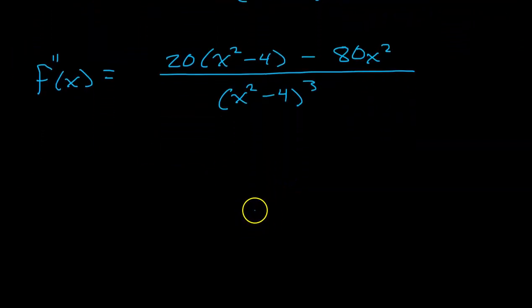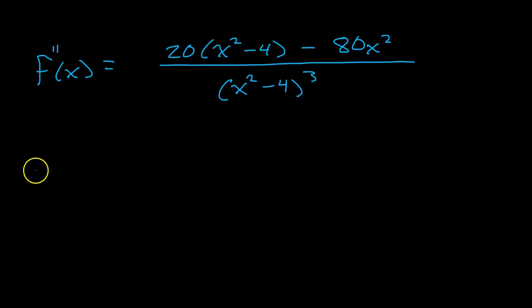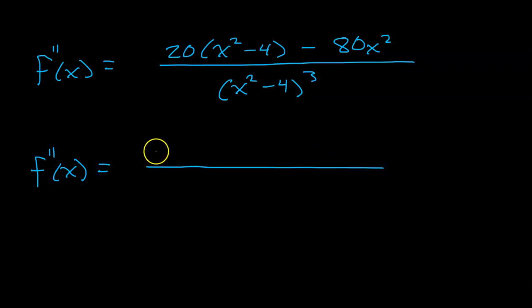So I think we can simplify the numerator a little bit more now. So f double prime. So distributive property, I'm going to have 20x squared minus 80 minus 80x squared.